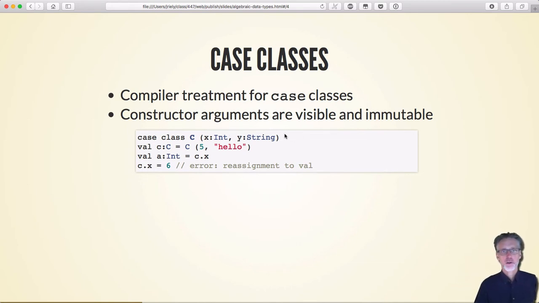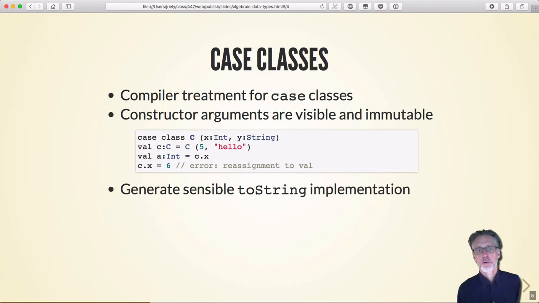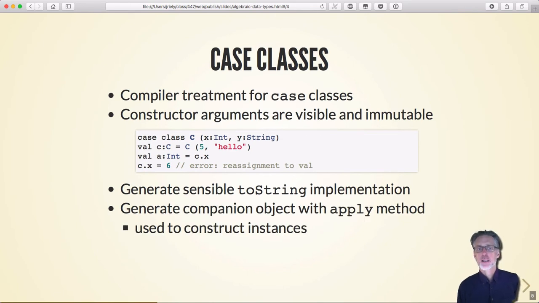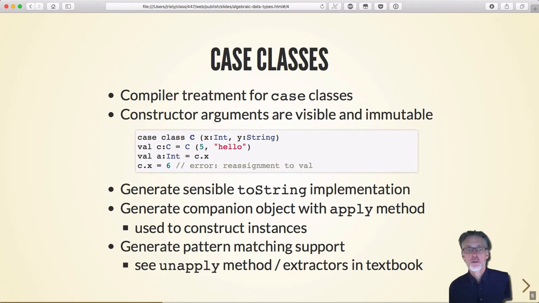That's not allowed. And you don't have to put val because it's always sort of there. We get a nice toString method, and we get the companion object, which does some nice things for us as well, including its apply method.